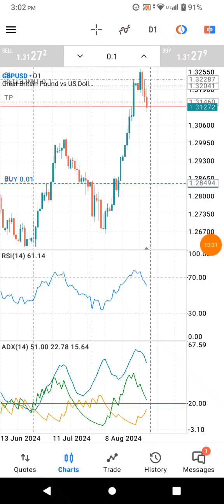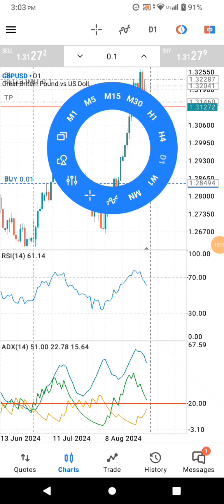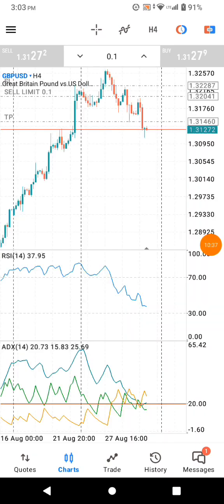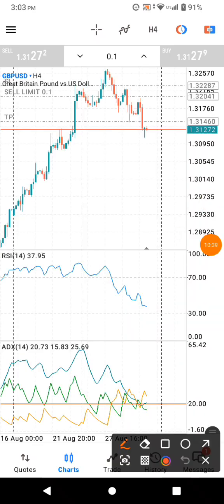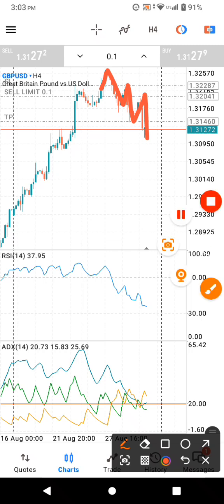So let's look at H4. H4 has the clearer trend now. We have this, this, and that. There's a trend already. But how did this trend form? Let's get the story of how this trend formed.